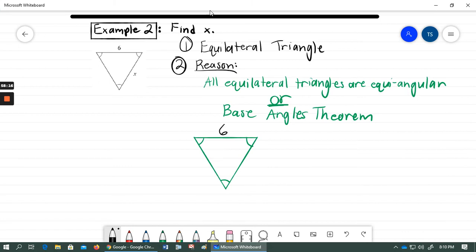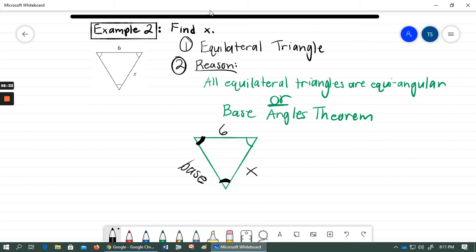Based on those two sides, I'm going to say that these two angles right here are my base angles, like this right here is my base, okay? Even though all three angles are congruent to each other, I'm going to do it as if these two are the base angles.